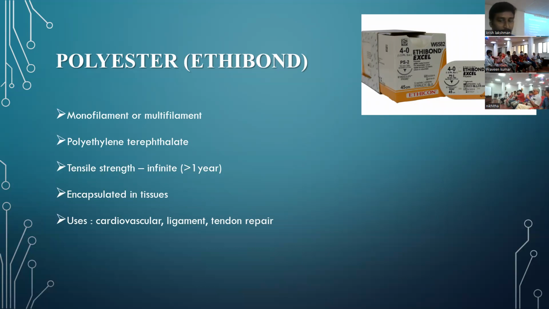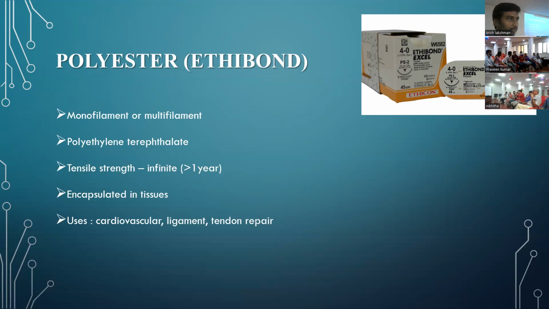So where have you ever used Ethibond? Basically, in very narrow spaces. Laparoscopic surgery especially, or even robotic surgery, urological surgeries, you can't afford to have memory of the suture there. First of all, you're working in narrow areas, and if the suture tries getting away from you, it becomes very difficult.